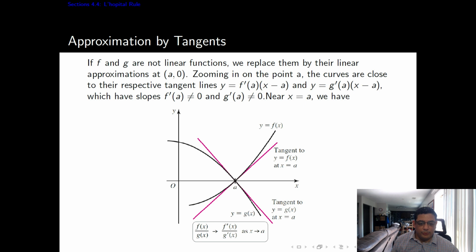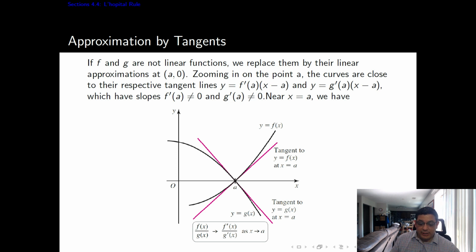In this case, g crosses at a and 0, and f crosses at a and 0, and their limits are of course 0 individually. The limit when x goes to a of f is 0, and the limit when x goes to a of g is 0. Then we can approximate both of those functions by their tangent lines.